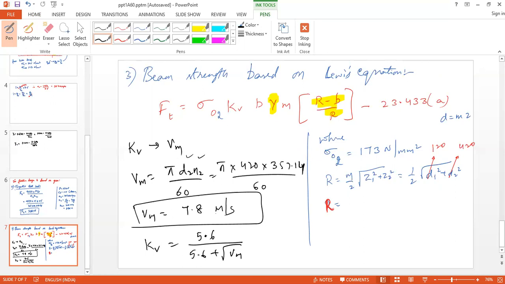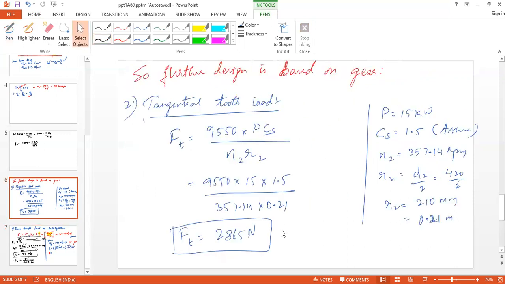So by using this, I can get the value of kV. So now Ft, I'll get the value of Ft in terms of m. So this I can call equation 2 and this equation 1. If I solve these two equations, I can get the value of module m.